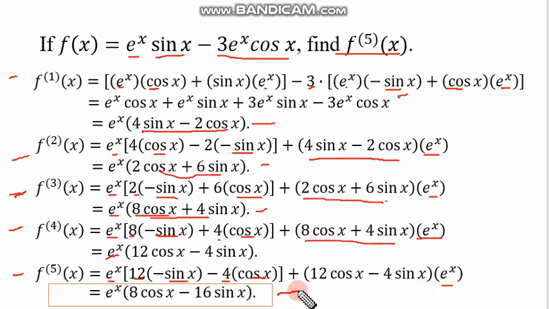So the final answer is e raised to the x times the quantity of 8 cosine x minus 16 sine x, which is the fifth order derivative, the answer of our problem here.